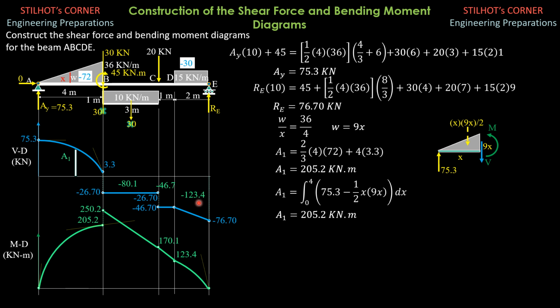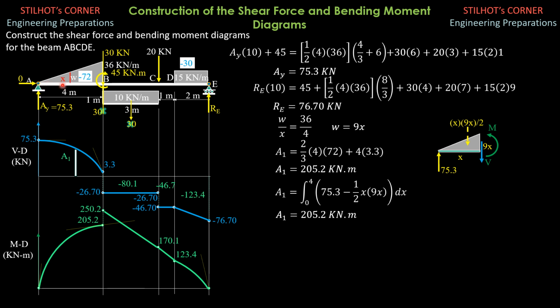So another way of computing area 1 is based on the shear equation. So for the shear equation, this is the portion of AB. Then we want to generalize the shear equation from A to this point X here.